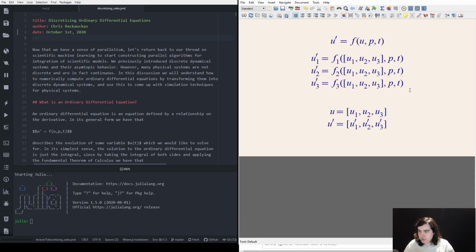So in an ordinary differential equation here, let's look at one way to transform some other common ordinary differential equations to a system of first order differential equations.